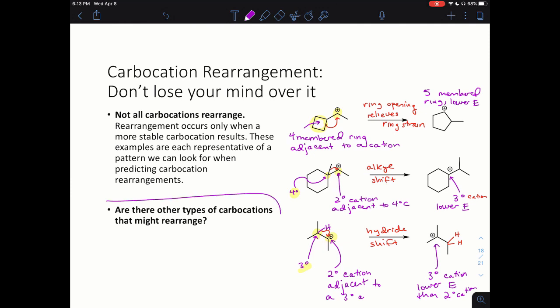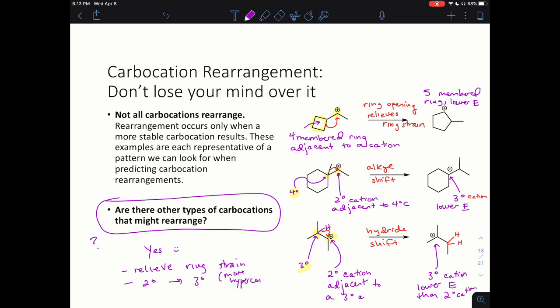Are there any other types of carbocations that might rearrange? What do you all think? Yes. So, we saw they can rearrange to relieve ring strain. We saw they can rearrange to go from secondary to tertiary, so to have more hyperconjugation stabilizing the cation.